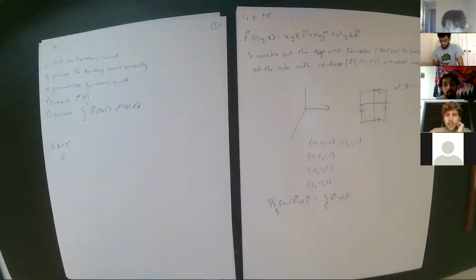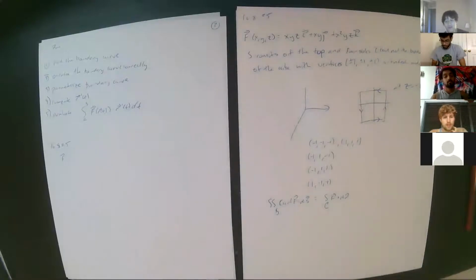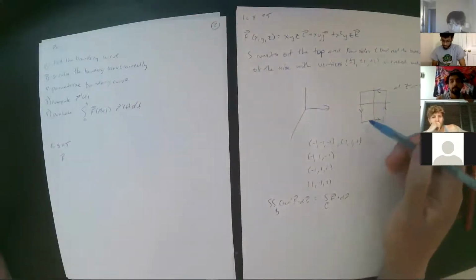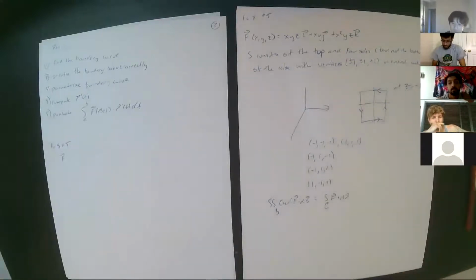They're all linear, very straightforward parameterizations. We could do it that way. But what could we check really quickly? If it's conservative, because if it's conservative, what do we get? 0. Why? This is a simple, smooth, closed curve, or piecewise smooth. So if f is conservative, this is 0, and then we don't have to do anything else.